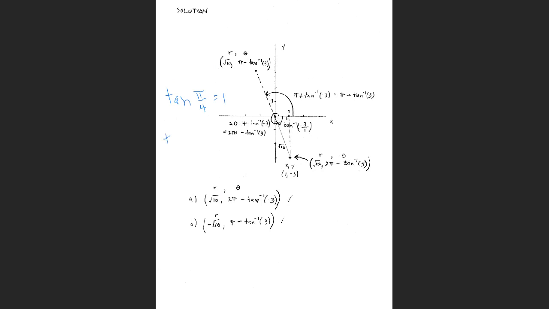So what's the arctangent of 1 equal to? Pi over 4. That's because pi over 4 is a nice value, and 1 is a nice value. But for -3, there's no nice value.